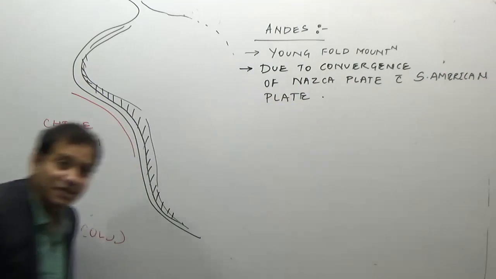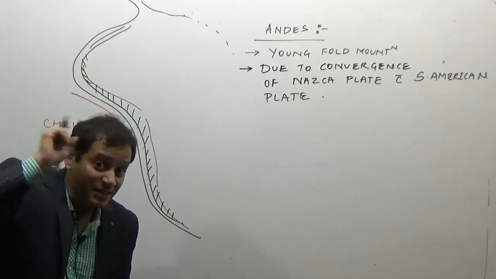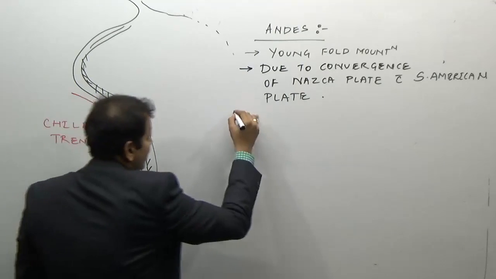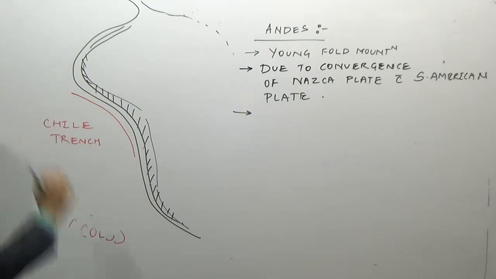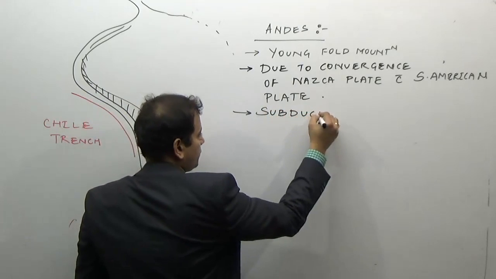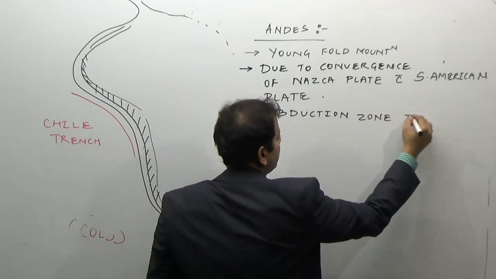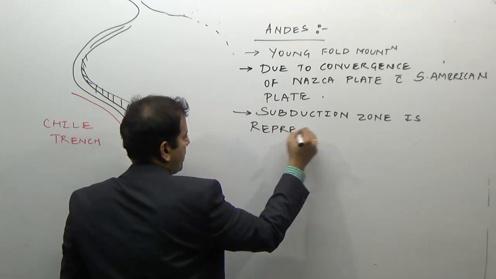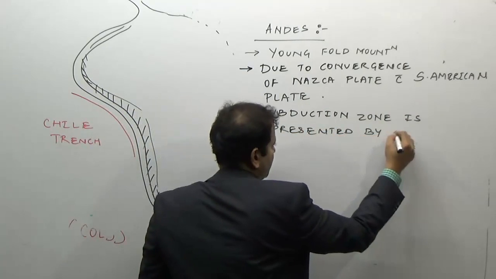Now, whenever there is a convergence, there is a fold mountain and there is a trench, which is represented by a zone we call a subduction zone. Here, the subduction zone is represented by the Chile trench.